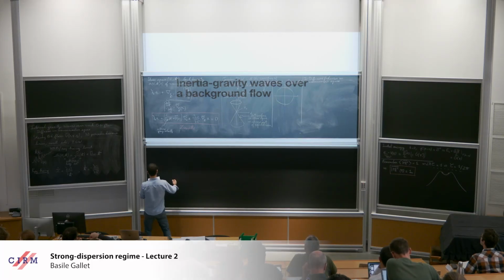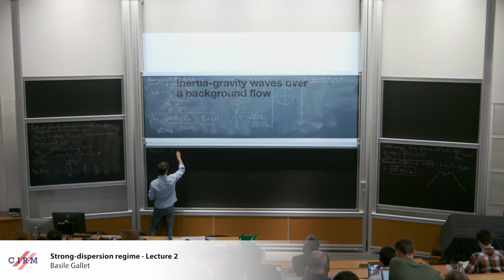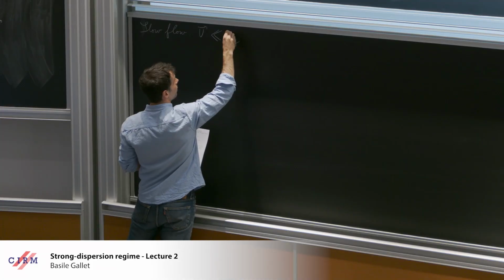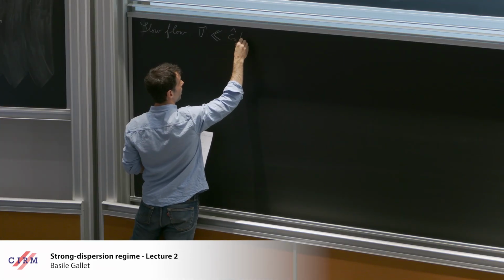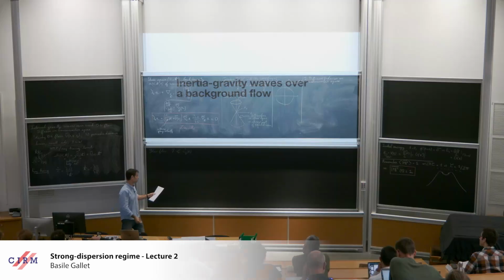So we consider a slow background flow, meaning that U will be much less than the typical group velocity of the waves. So it's weak as compared to the group velocity.